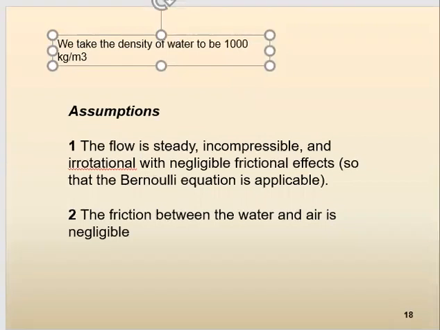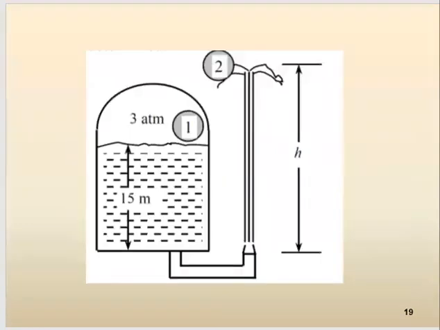Now, we go to the schematic of the problem and see what points we want to choose to perform the Bernoulli equation application. We take point 1 at the free surface of water in the tank and point 2 at the top of the water trajectory.